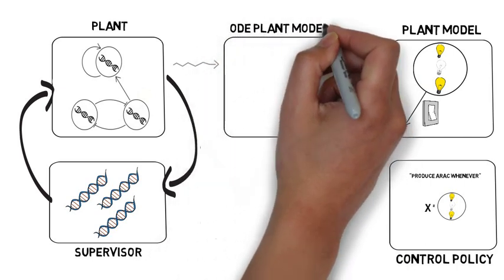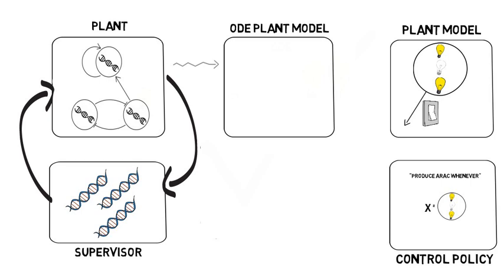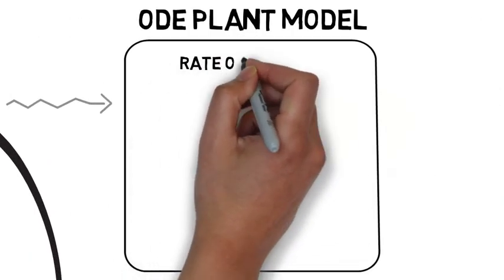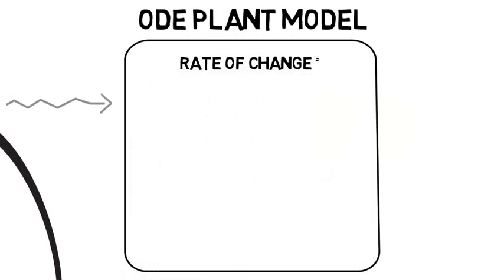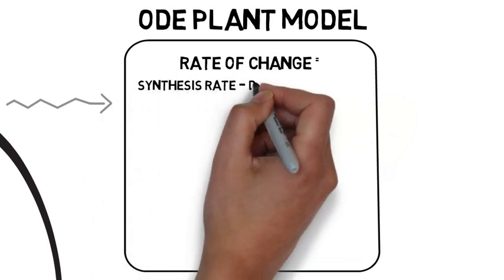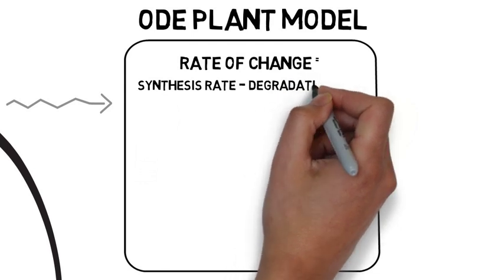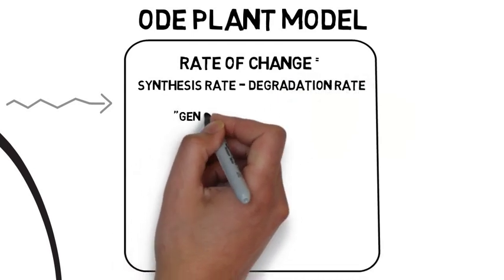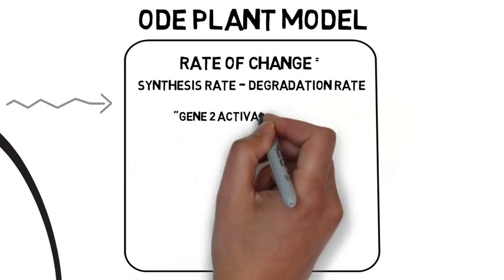In continuous models, we trace the concentration of proteins produced by genes. The rate of change of a given protein in the cell is equal to its synthesis rate minus the degradation rate. For instance, suppose that gene 2 activates gene 1.